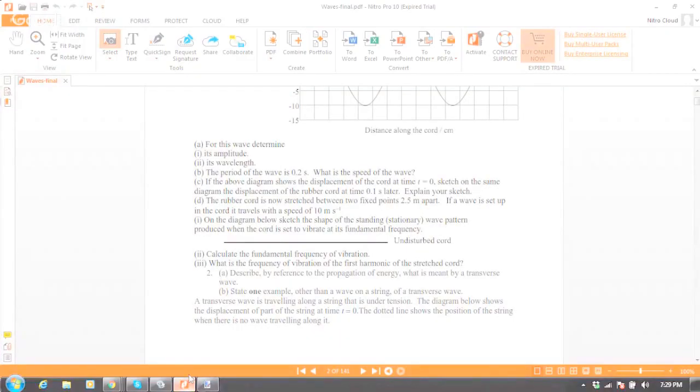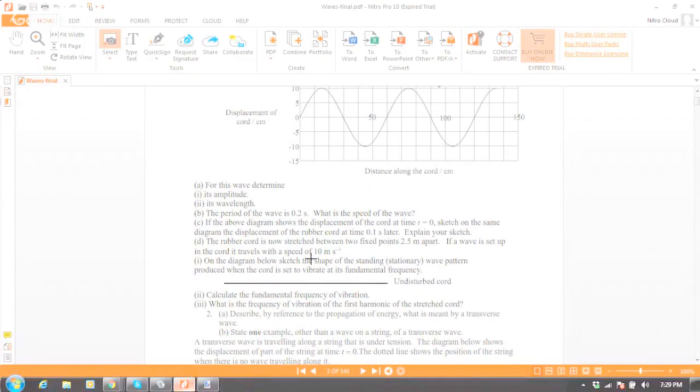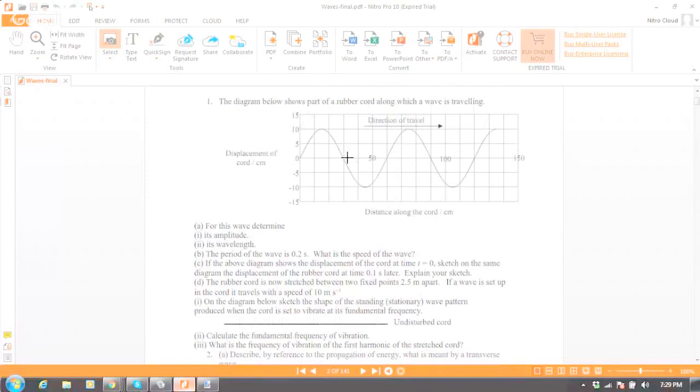Part C: if the above diagram shows the displacement of the chord at T0, sketch on the diagram 0.1 second later. This is the wave you have, and this wave has a time period. On the X axis there is distance, and that means if you have the time period, you have the frequency, and if you have the frequency and wavelength both, because you found the frequency in part B and calculated the wavelength in part A 2, you can find the speed.